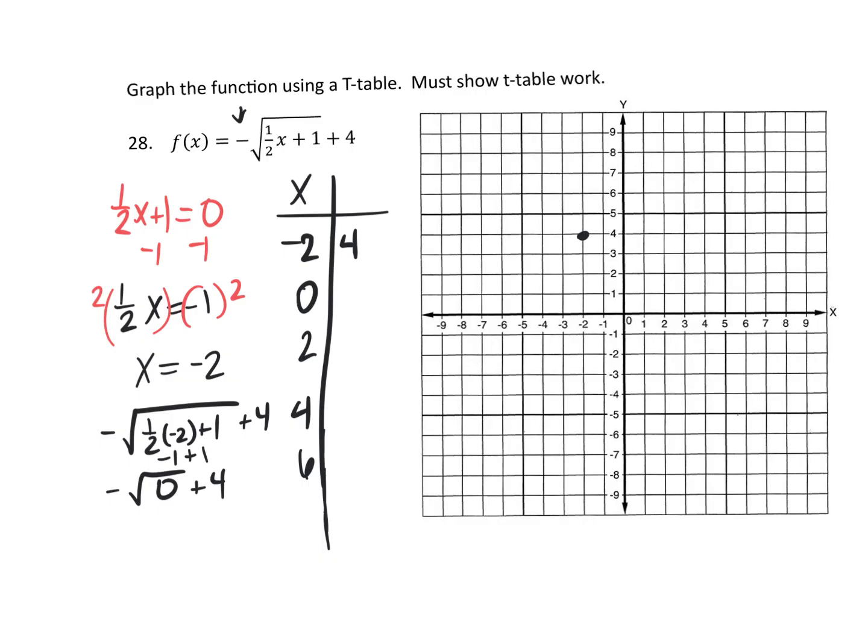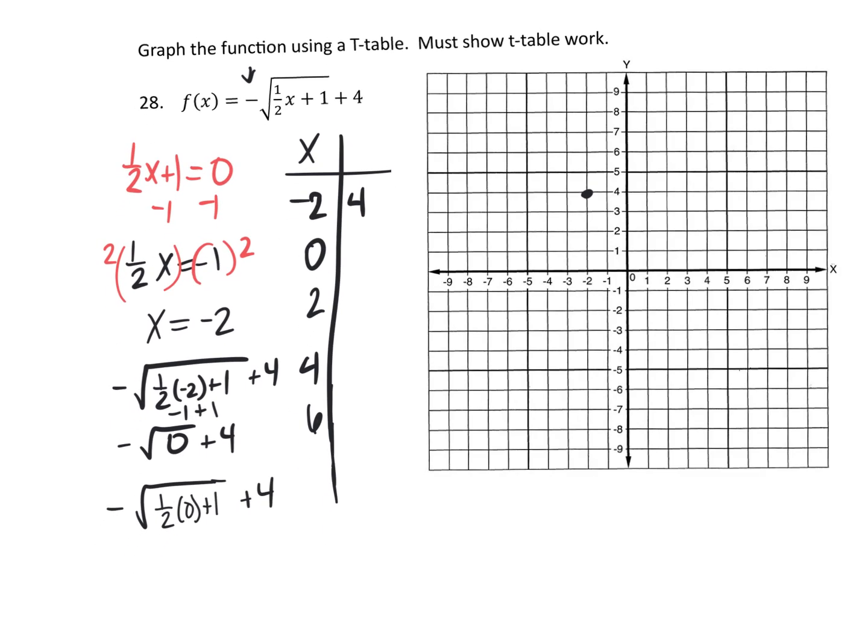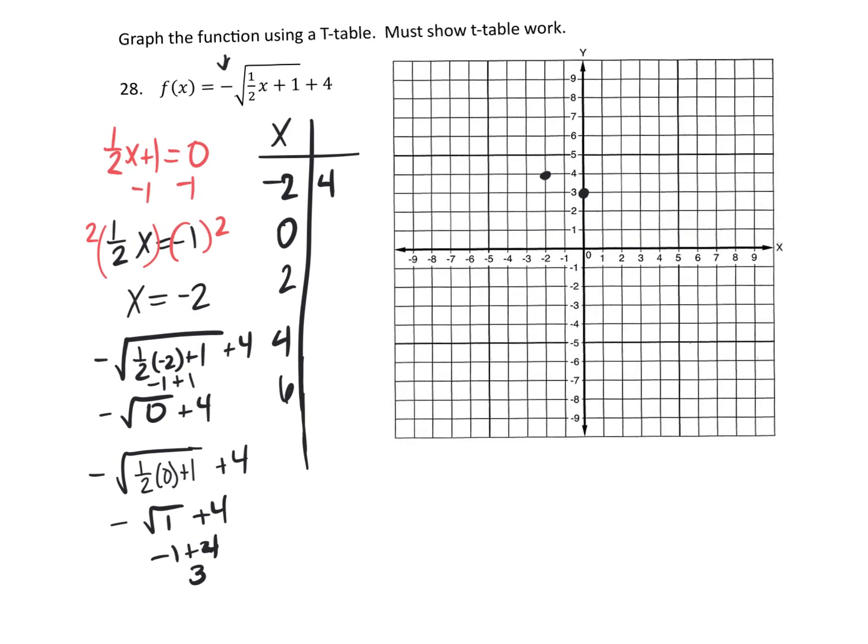If I plug in 0, I get negative square root of 1/2 times 0 plus 1 plus 4. That's negative square root of 1 plus 4. Negative 1 plus 4 is 3. So 0, 3.